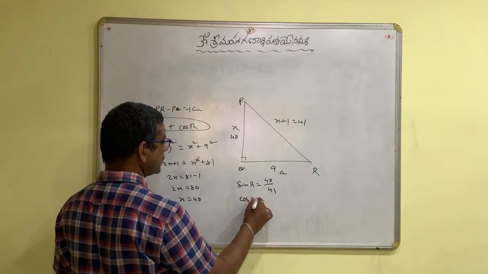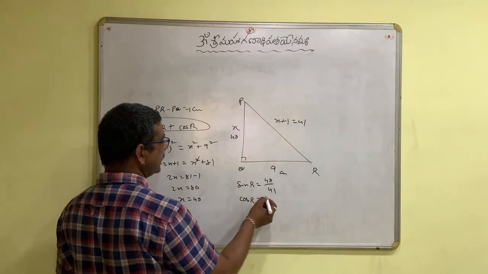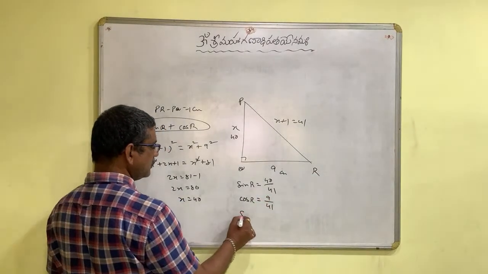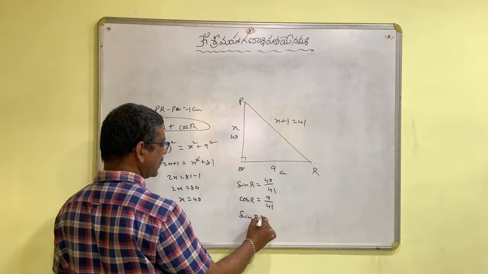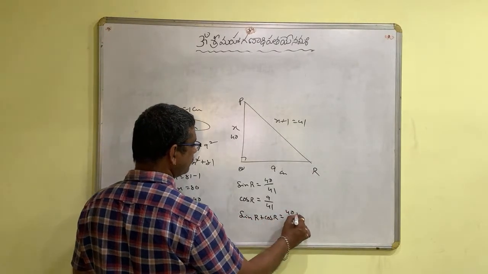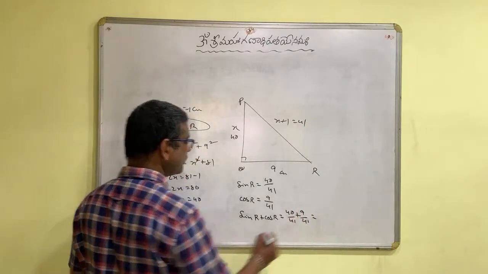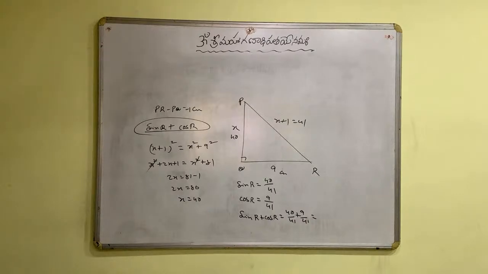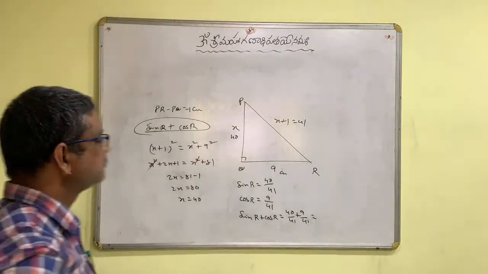Cos R is the side adjacent to angle R by hypotenuse. Now sin R plus cos R is 40 by 41 plus 9 by 41. The answer is 49 by 41.